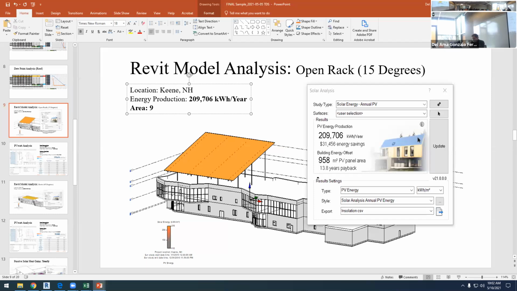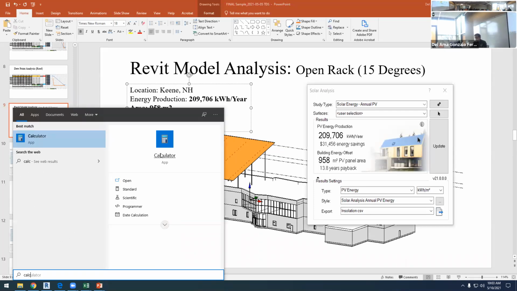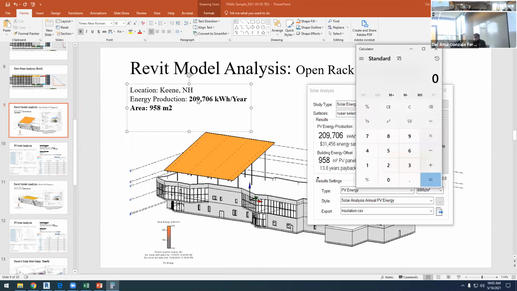This is 958 square meters. So it's interesting. Calculate the production per area. So here we have 2,906 divided by 958.